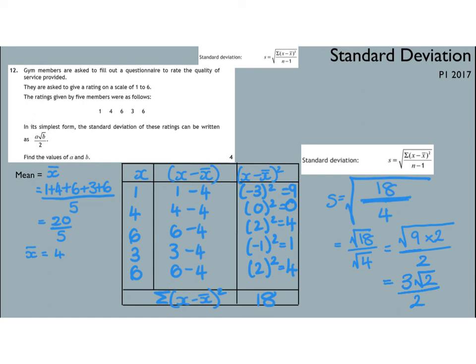Now, I know I haven't finished answering this because it asked me to put it into that form there. I have put it into that form, but I just need to work out what the A and the B values are.